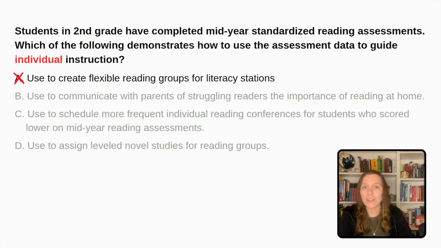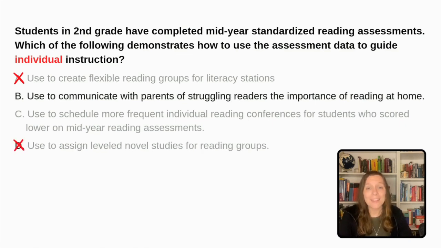And so we can realize that this one is incorrect. D. Using the data to assign leveled novel studies for reading groups is also focused on ability groupings of students rather than individual students, and is also incorrect. B. Communicating with parents of struggling readers is also incorrect because it doesn't address student instruction at all.